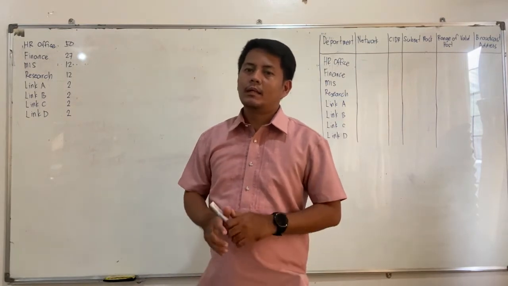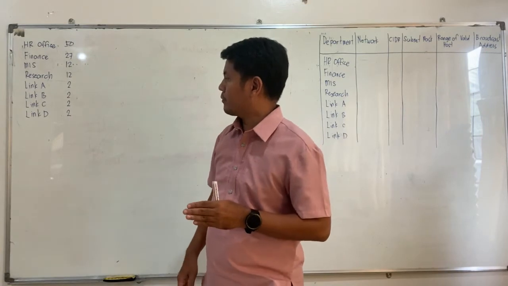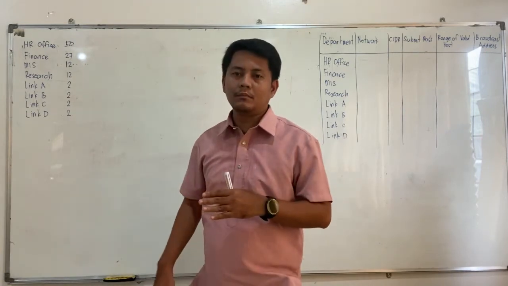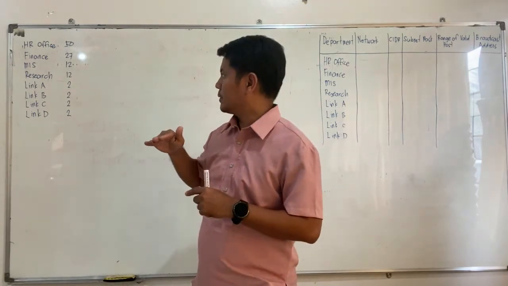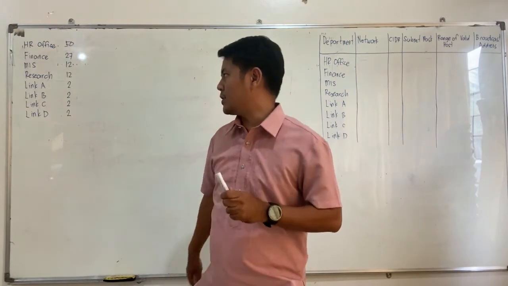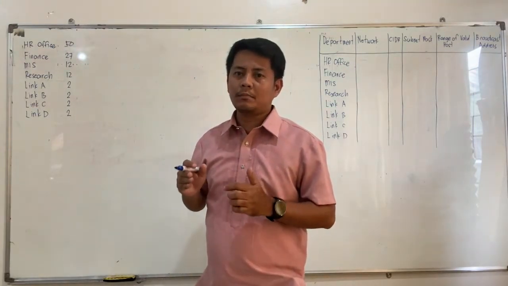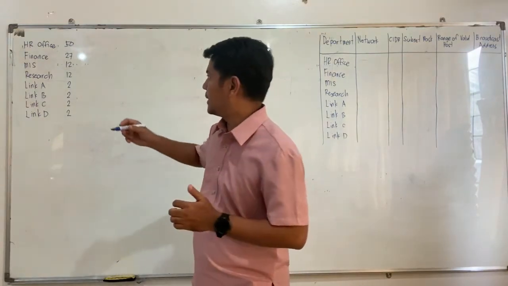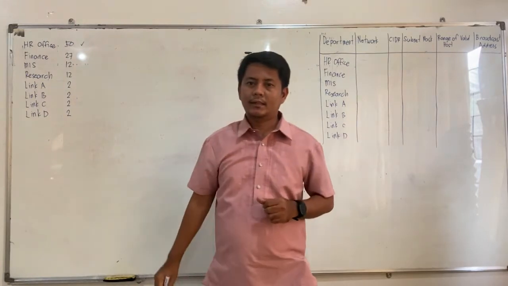All right. Next, after sorting the departments from the largest number of computers down to the lowest, the next thing is to identify the number of host bits for the first department.